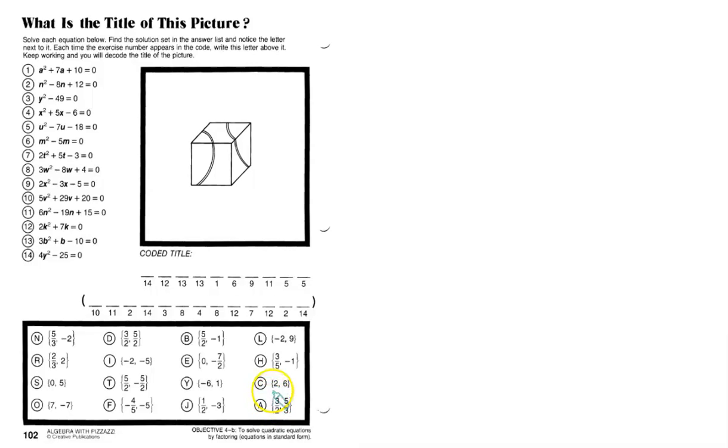Let's do number 1 together so I can show you how this works. I would like for you to do this work on a sheet of notebook paper, so you can see your work, so that if you got something wrong, I can see where you went wrong. So a squared plus 7a plus 10 equals 0.